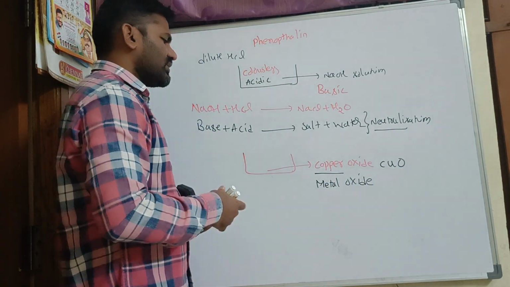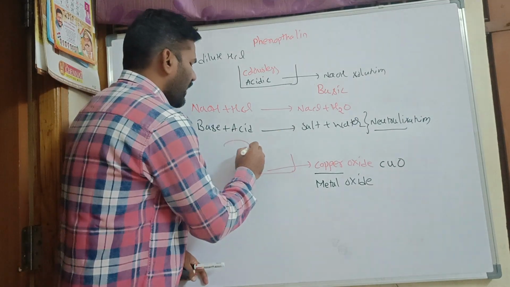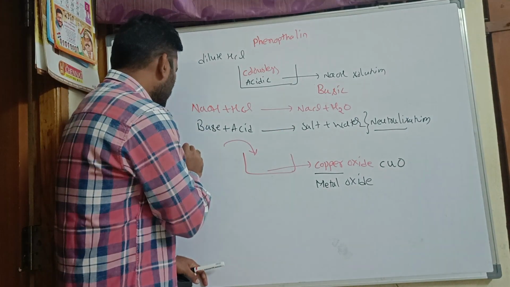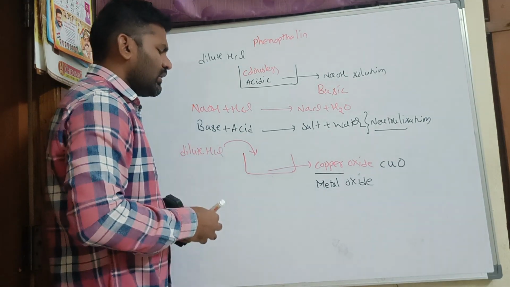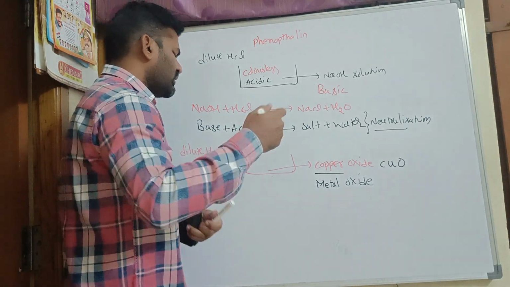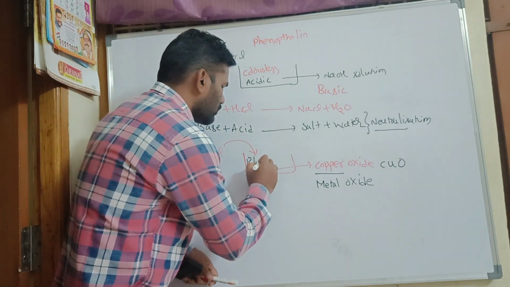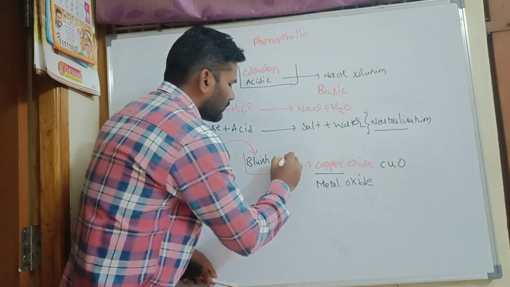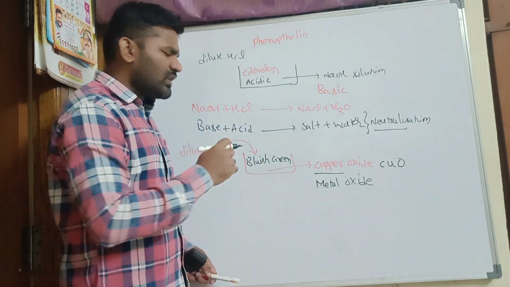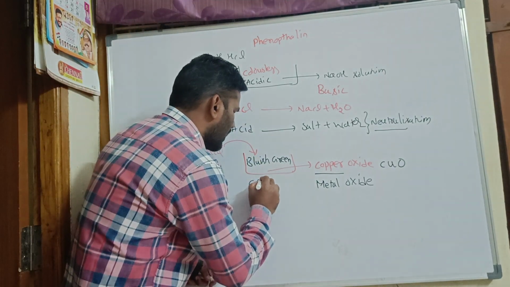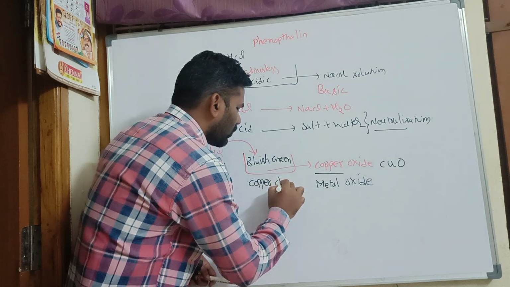To this metal oxide, that is copper oxide, when I add dilute hydrochloric acid, slowly the solution turns to bluish green color. The solution turns to bluish green color, which clearly indicates the formation of copper chloride.